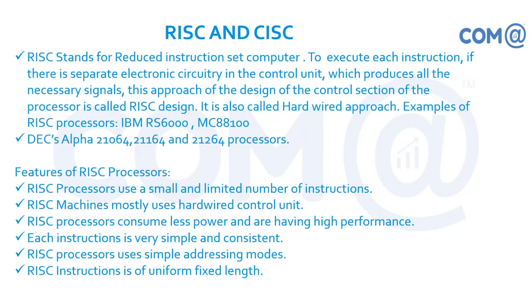RISC and CISC. So if you take the processor, they broadly classify it as RISC and CISC. So RISC stands for Reduced Instruction Set Computer. To execute each instruction, if there is a separate circuit in the control unit which produces all the necessary signals, this approach or this design of the construction section of the processor is called RISC design.